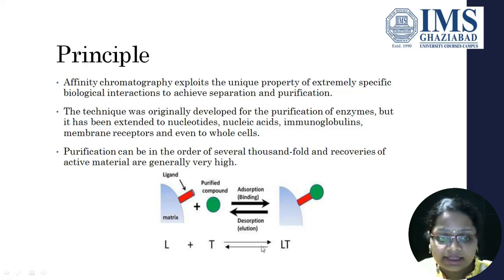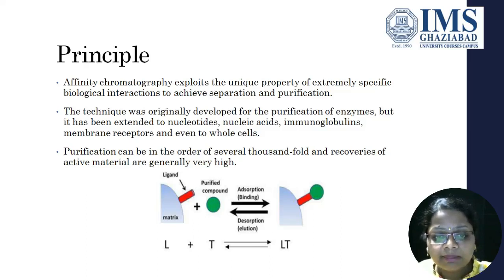As you can see in this diagram, there is a matrix which we call the stationary phase. To this, we attach a ligand which has a specific affinity for our target compound, which is mixed in a sample.